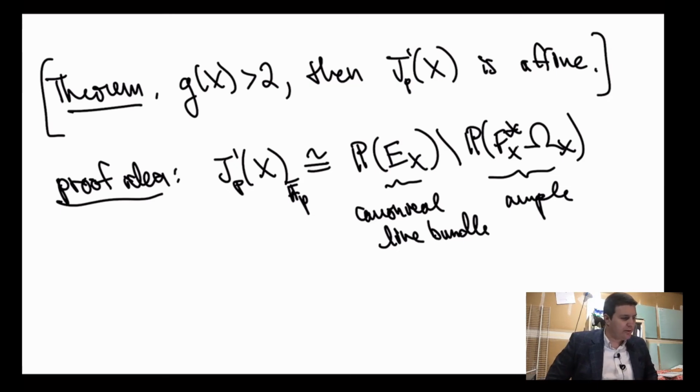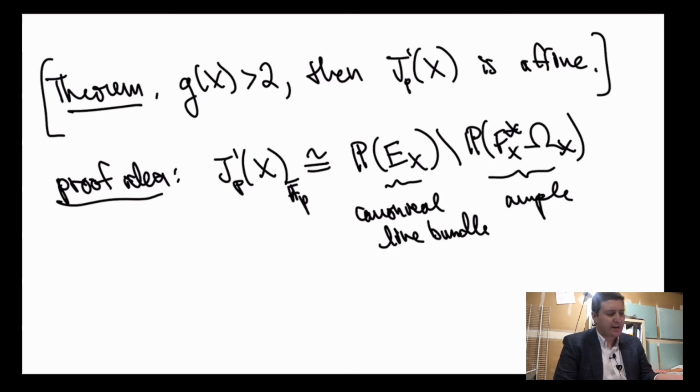And this is the Frobenius cotangent bundle, so it goes in the opposite way. This is a general setup, and it turns out that this is going to be ample, which means that this thing is going to be affine.